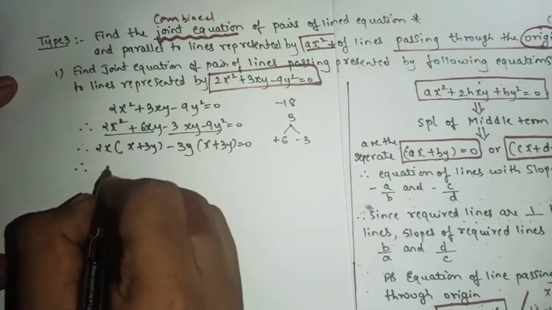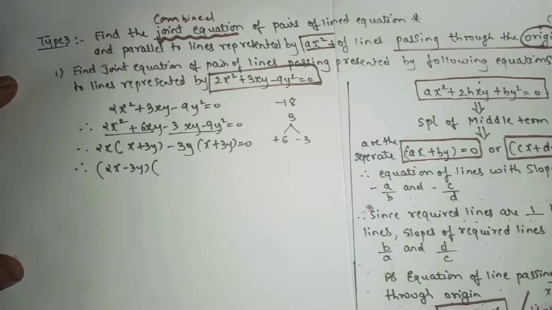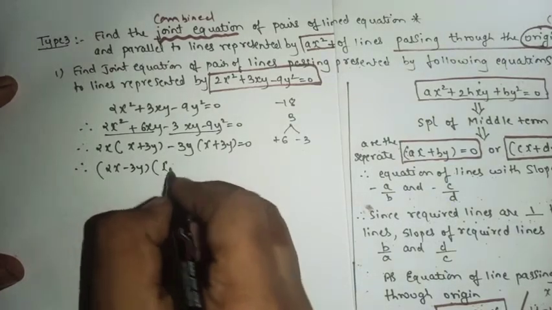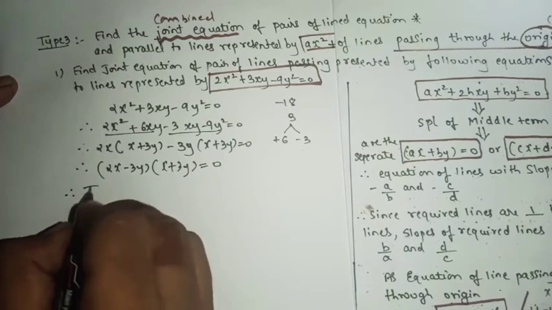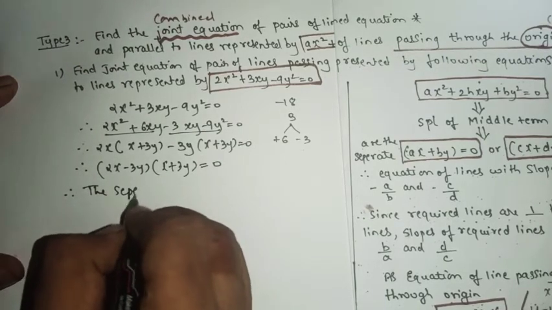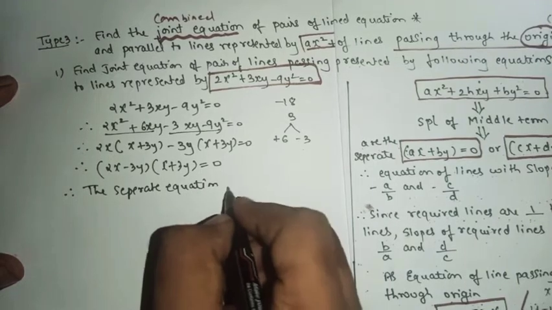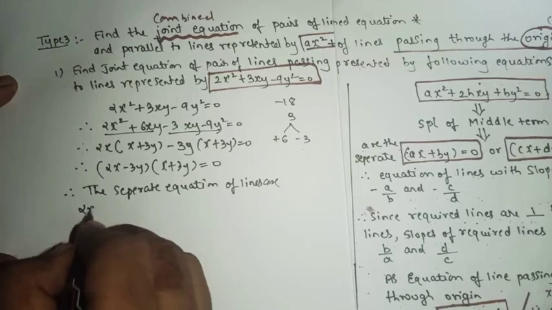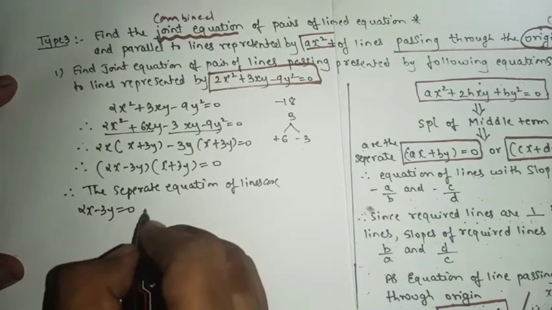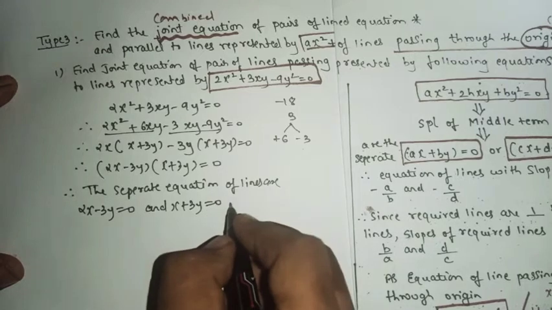So the next step will be what? 2x minus 3y and x plus 3y equals to 0. So the separate equations of lines are 2x minus 3y equals to 0 and x plus 3y equals to 0.